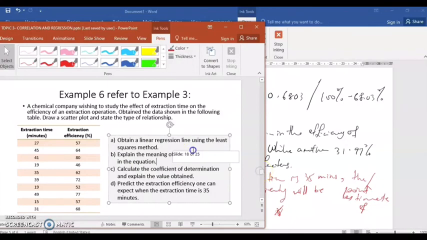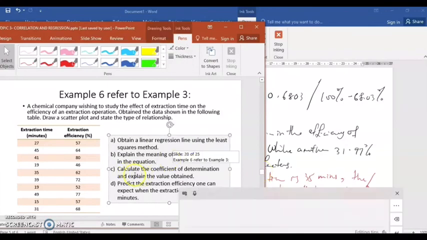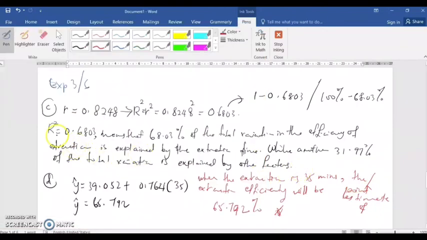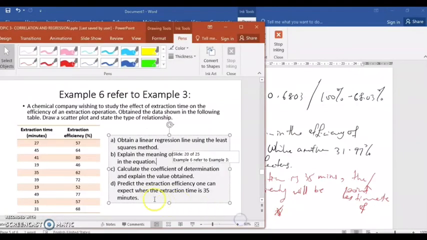Okay, and then the equation, the calculation, calculate the coefficient of determination, which is R, you square it here, and then explain the value obtained. That is why I asked you to explain. It asks to explain the R square, make sure you do it in percentage, okay, in terms of explanation. And then the next one is predict the extraction. So this is in terms of prediction.